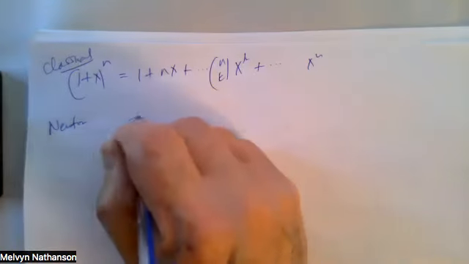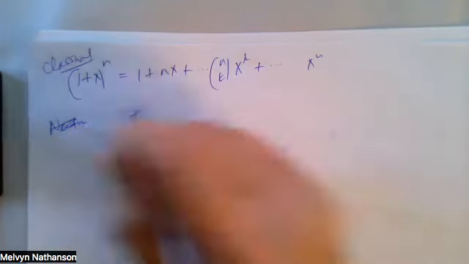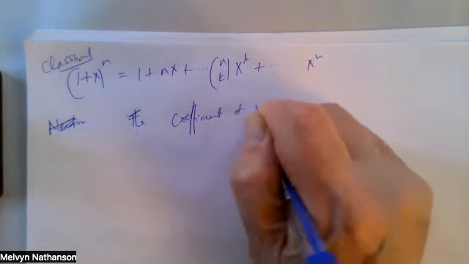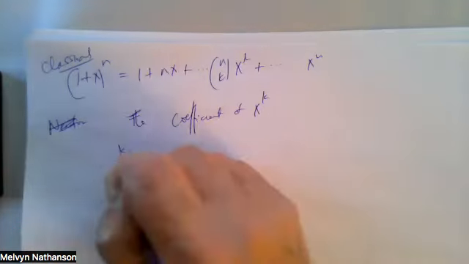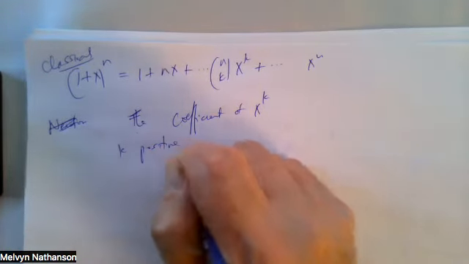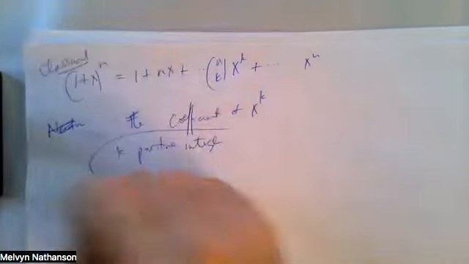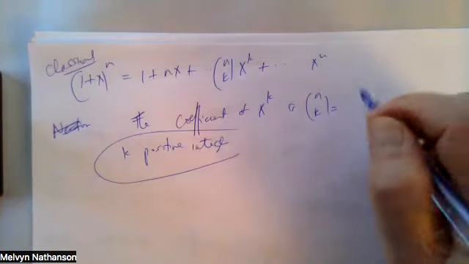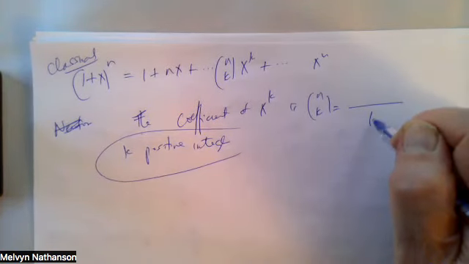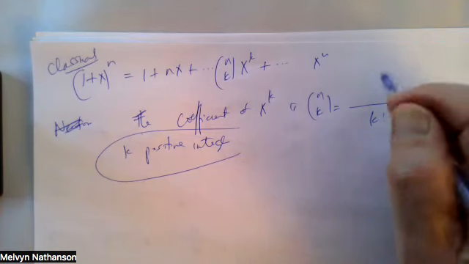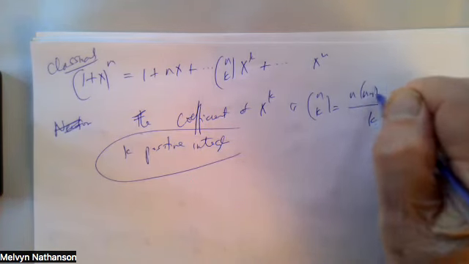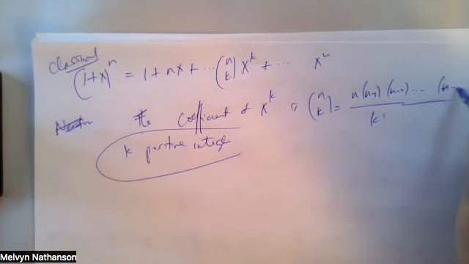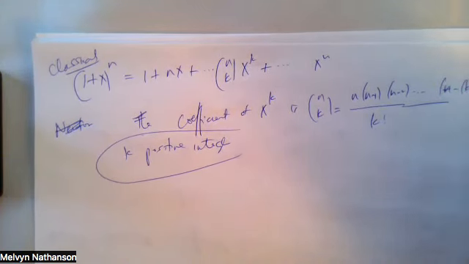So in this series, in the classical series, the coefficient of x to the k, where k is any positive integer, is the binomial coefficient n choose k that has a denominator of k factorial, and in the numerator you have n, n minus 1, n minus 2, down to n minus k plus 1.